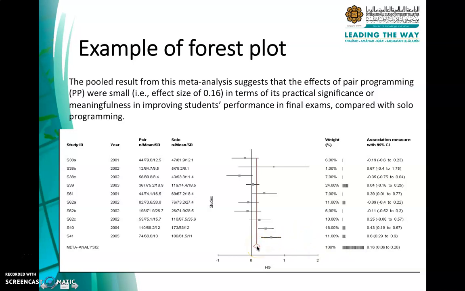The evidence is not showing that it is strong. In terms of its practical significance or meaningfulness, it's not that strong. As you can see in each individual study's findings, some are supporting, some show somewhat different results.